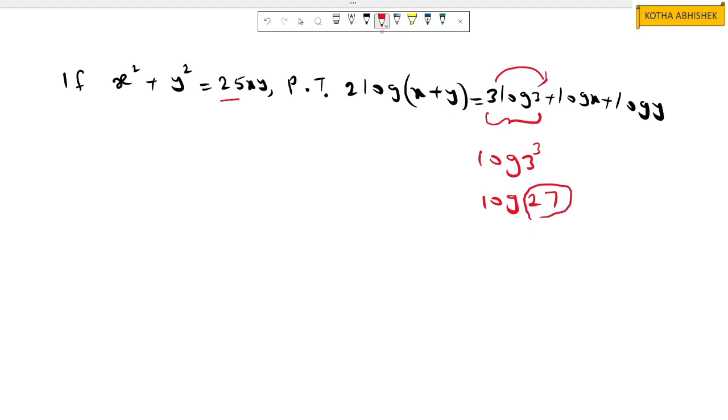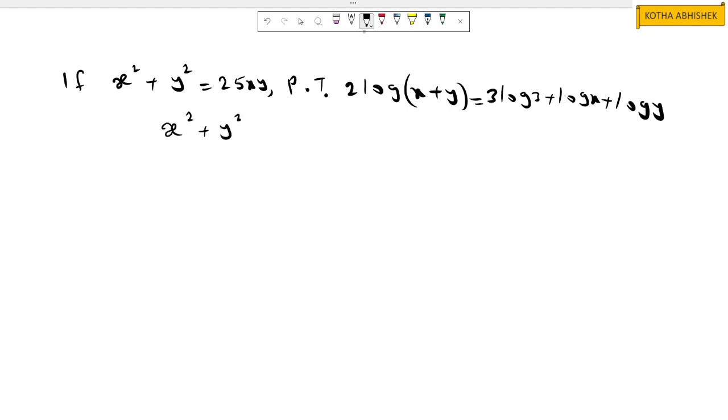But what is the number he gave? He gave 25. So it means I still need to add 2 more, right? Let us erase this first so that it won't be confusing. First take the given one, x square plus y square equals 25xy.